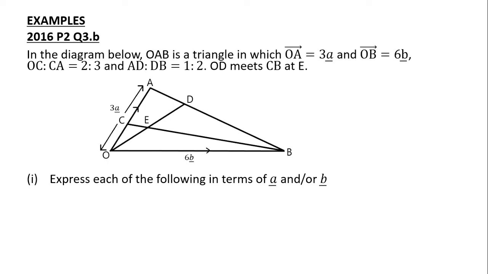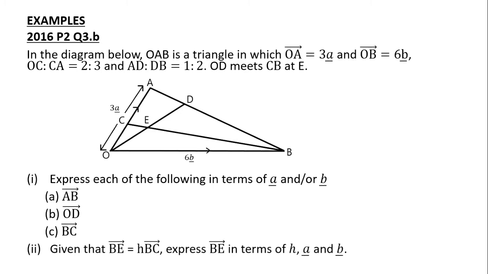Express each of the following in terms of A and or B: vector AB, vector OD, vector BC. Given that vector BE equals h times vector BC, express vector BE in terms of h, A, and B. We look at our solutions.